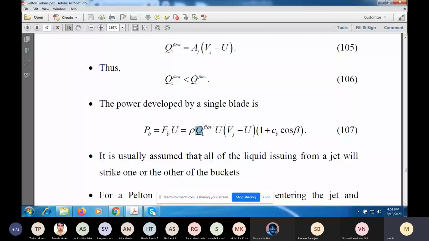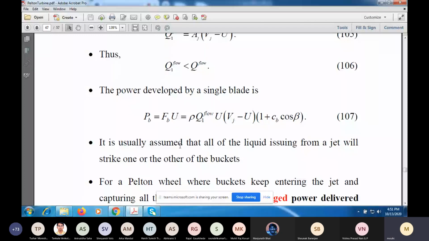Now, it is customary to assume that all of the liquid coming out of the jet will strike one or other of the blades. The wheel has many buckets or blades or vanes, whatever you call it, and the water coming out of the jet will strike more than one bucket.